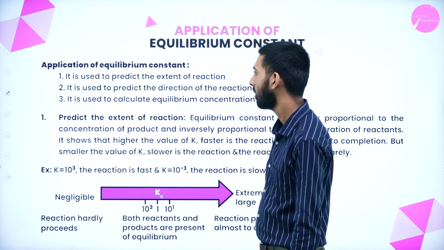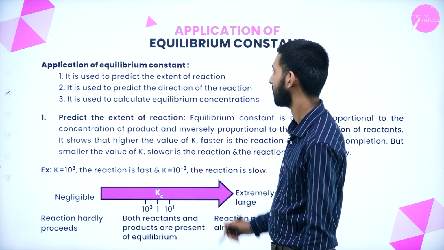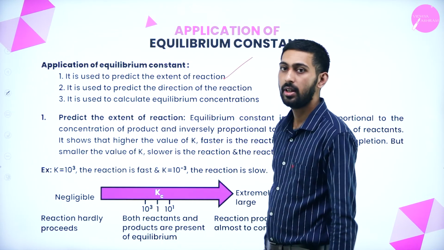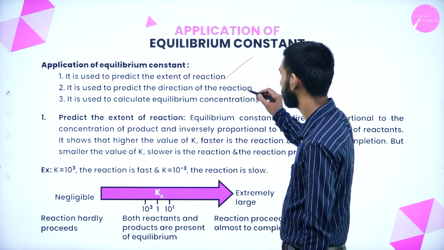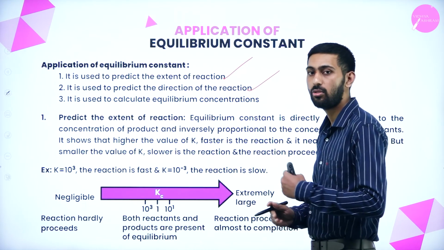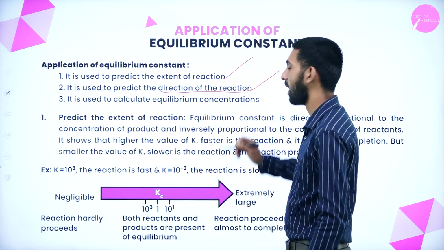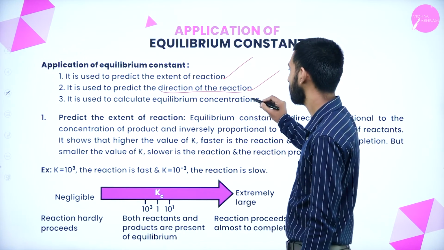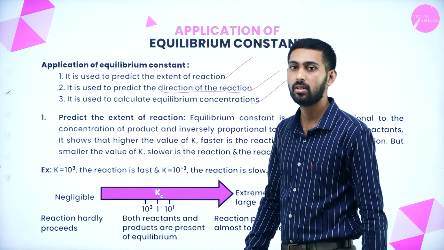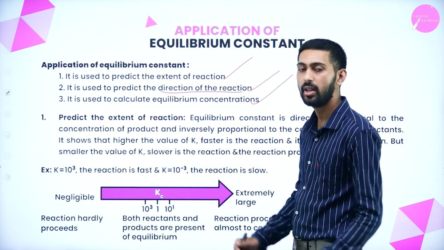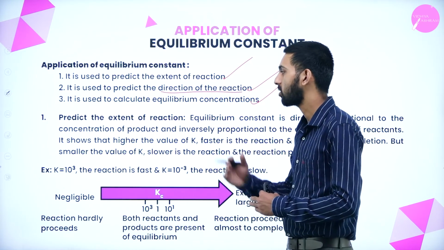Okay. Next thing is applications of the equilibrium constant. It is used to predict the extent of the reaction, it is used to predict the direction in which the reaction takes place, and it is used to calculate the equilibrium concentrations. Now let us see what we mean by extent of the reaction.